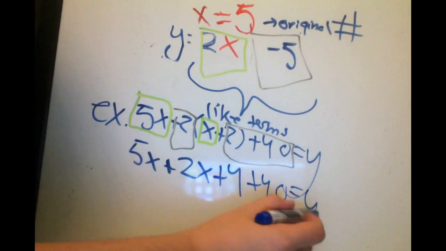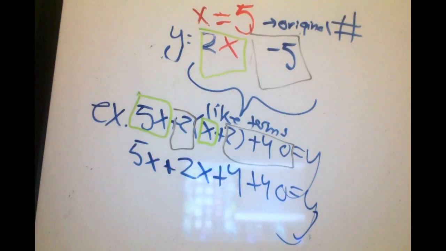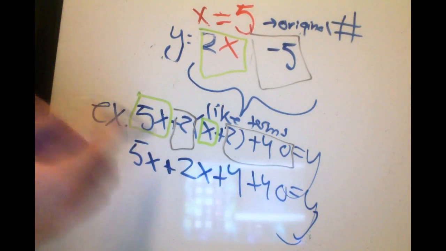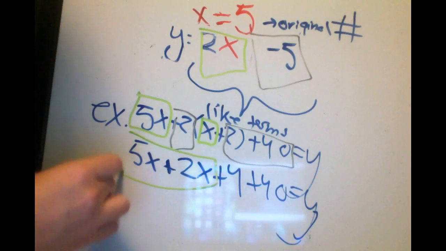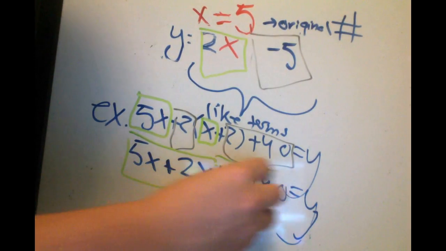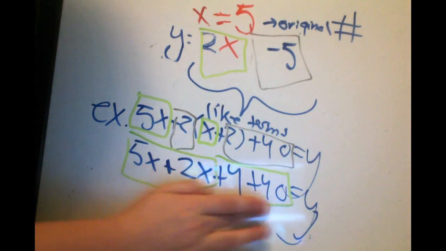We get rid of the brackets since we've already done the math inside. We then group the like terms. As I said before, the x's are the like terms and the simple regular numbers are their own group.